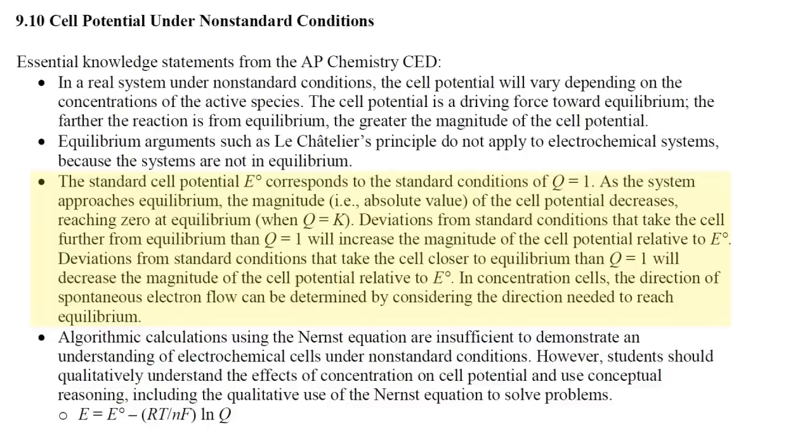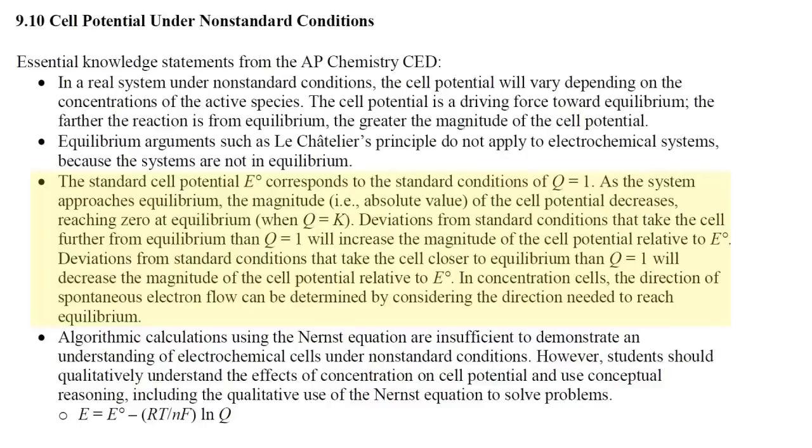And Q is the reaction quotient. That's a ratio of products over reactants for the aqueous components in electrochemical cells. And as the system approaches equilibrium, the magnitude, that is the absolute value of the cell potential, decreases, reaching 0 at equilibrium where Q, the reaction quotient, equals K, the equilibrium constant.